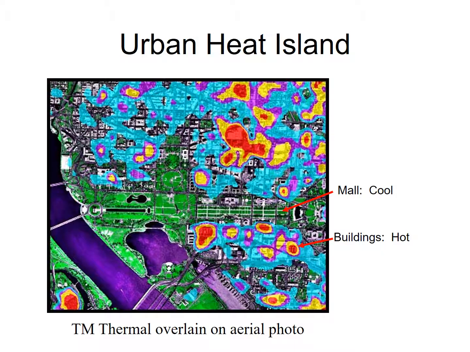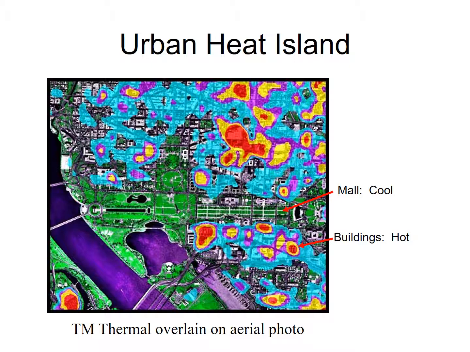Urban heat islands, they're a thing. Basically works like this. Cities are full of things that aren't natural. Roofs, roads, parking lots, paved, concrete surfaces, all of which absorb heat and retain it. After the sun goes down, they radiate that heat back out into the environment, making it a warmer place than what it would otherwise be.